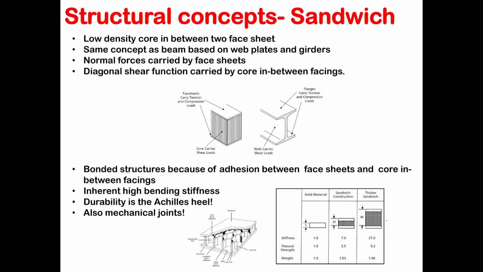And you also have to keep in mind that the weight has not increased that much, just by 6%. But the stiffness has increased 37 times. So sandwich structures are very, very strong.